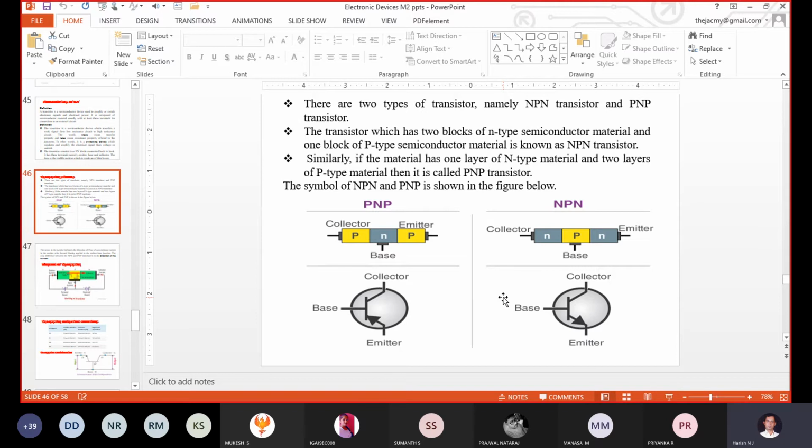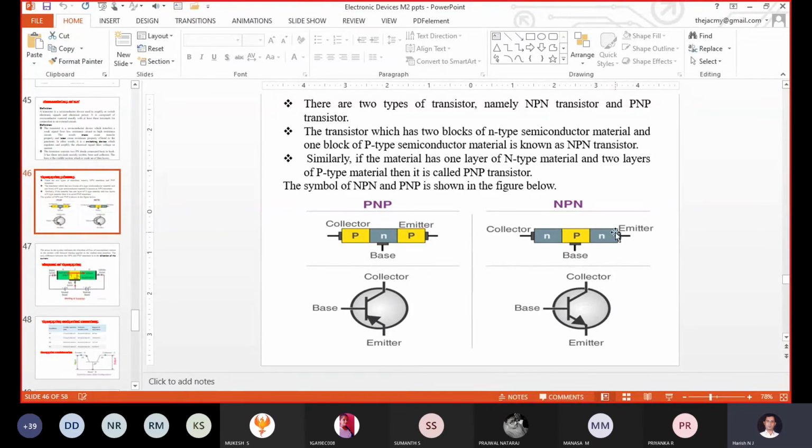In between two P, we have to place one N. That kind of construction is called a PNP transistor. In the same way, in between two N, if you place one P, it gives the NPN transistor construction.